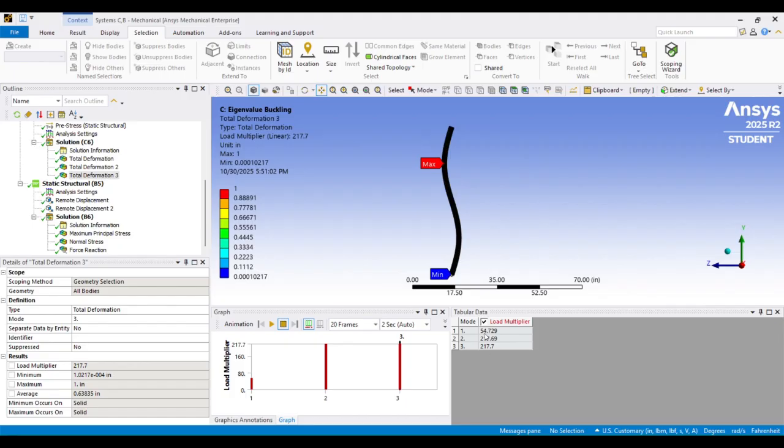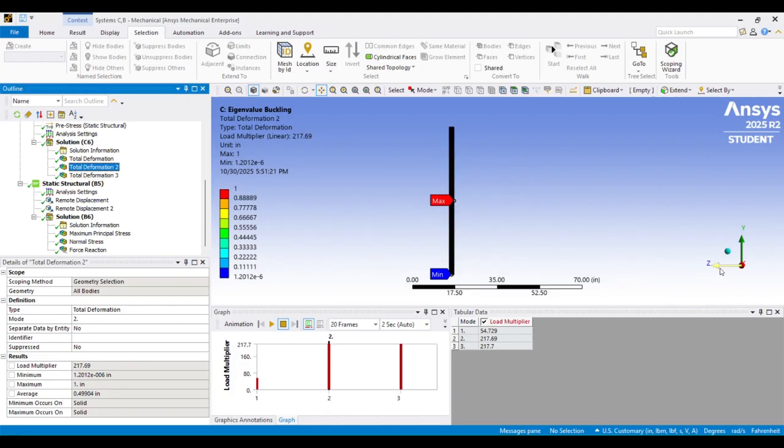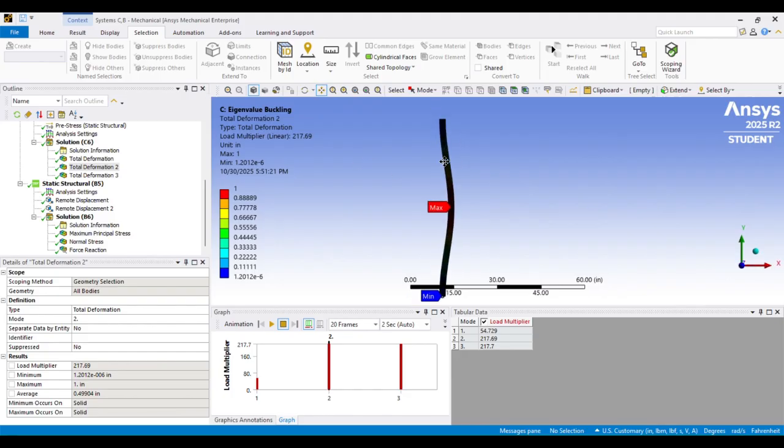And now you'll see that there's another mode here about the z-axis. And this one is the fixed constraint mode. So this would be mode 1 of the fixed constraint boundary condition problem. And that's because we fixed the rotation about the z-axis.